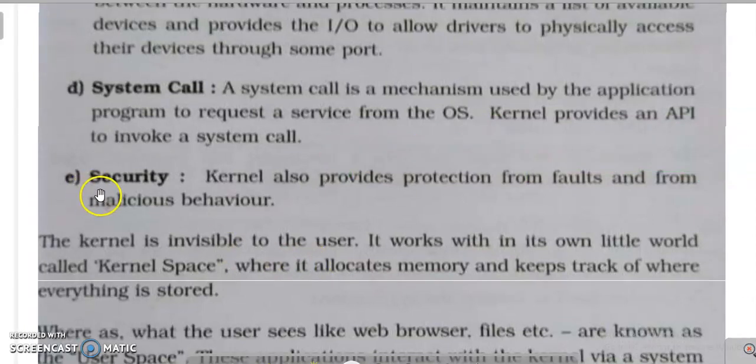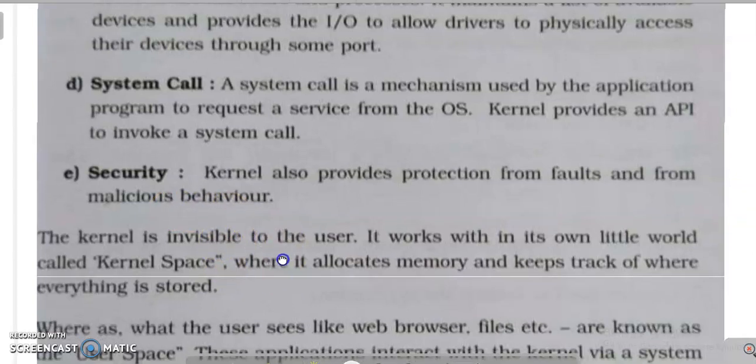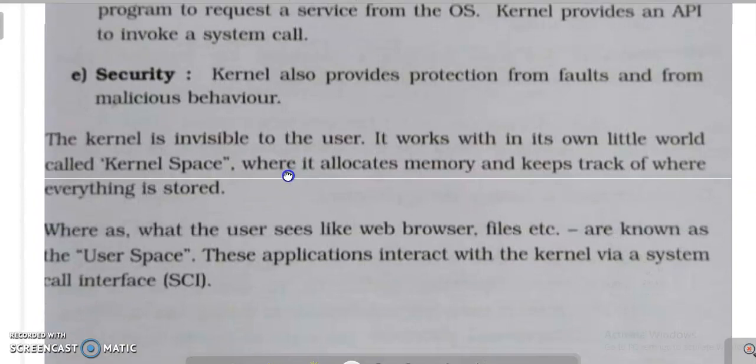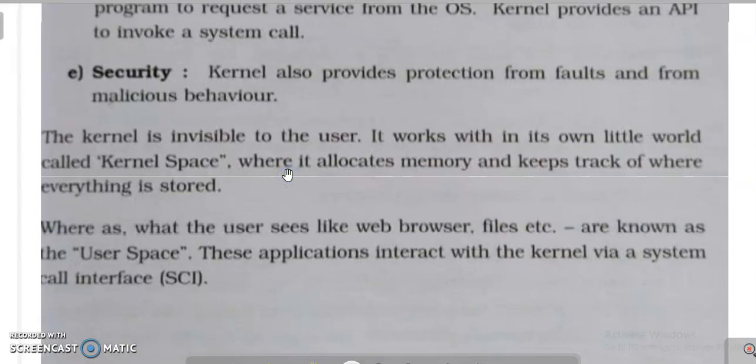Next feature is security. Kernel also provides protection from faults and from malicious behavior. So these are the features of kernel. The kernel is invisible to the user as it is software in a computer which the user cannot see.